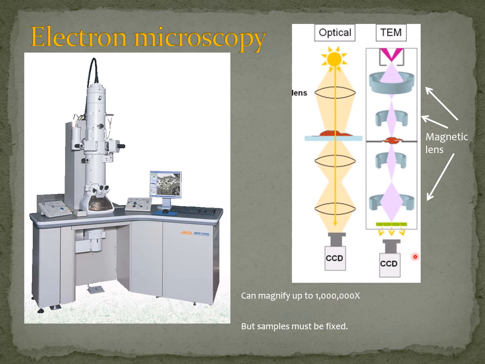So this is actually the limitation of the electron microscope. Although it can magnify, as you can see here, much more than an optical device, we cannot actually observe the sample directly with our eyes, and most important of all, because of the high energy of the beam, the samples are never alive, so we cannot look into live samples, and the samples must be fixed.